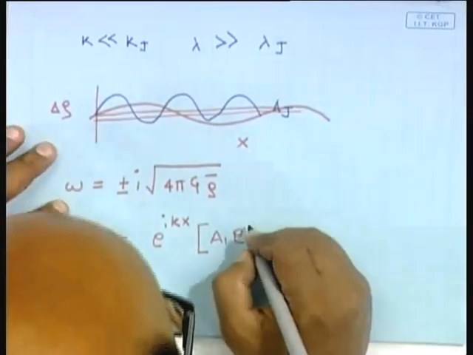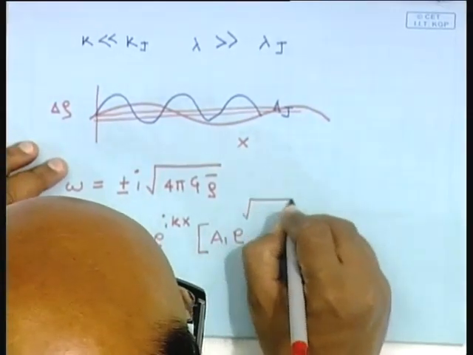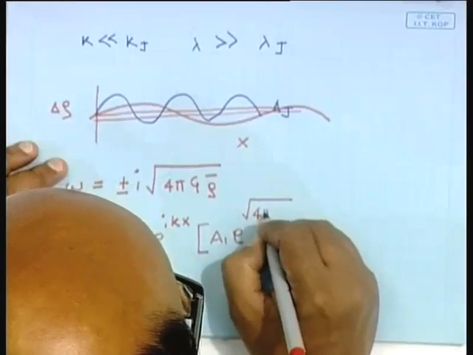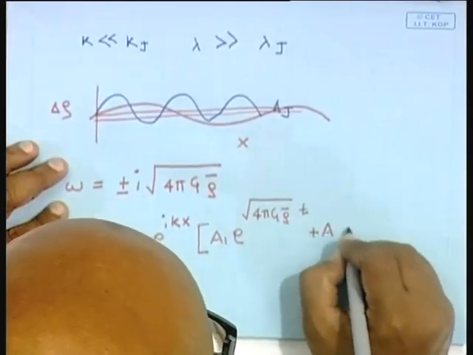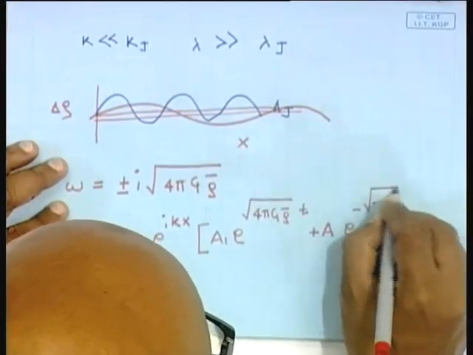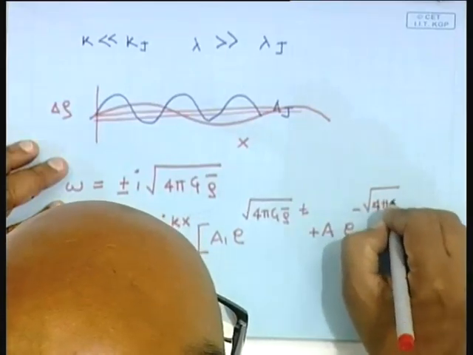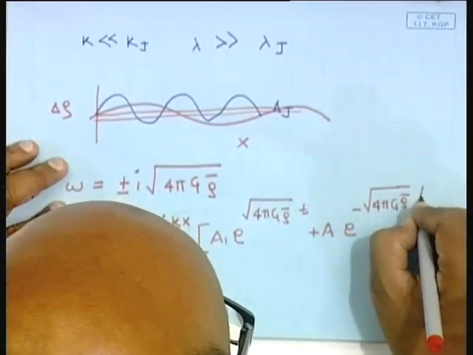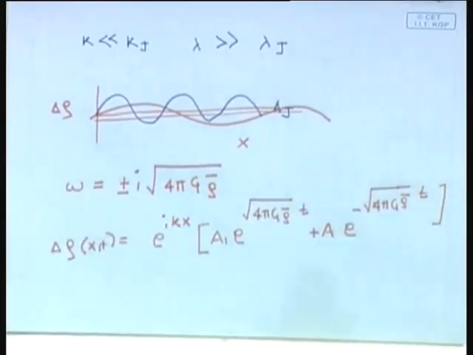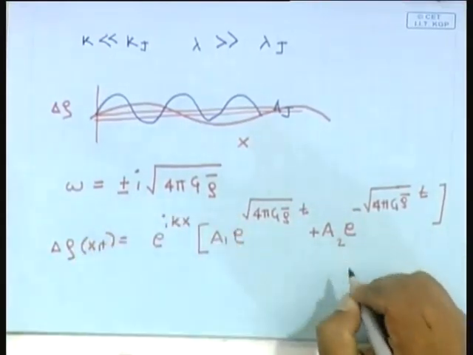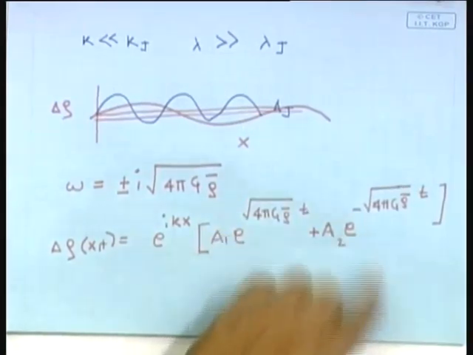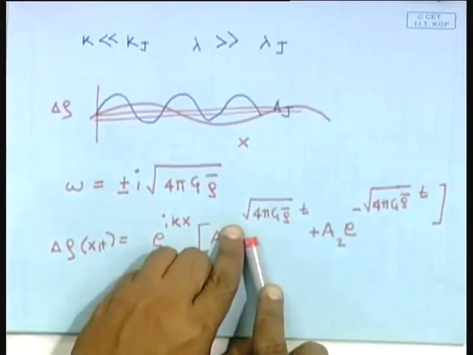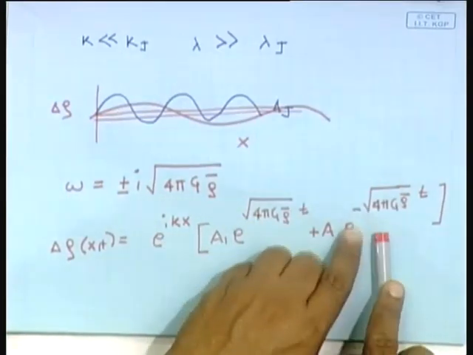So you have two possibilities. One is a1 e to the power square root of 4 pi G rho bar t, plus a2 e to the power minus square root of 4 pi G rho bar t. So now you see that you have two different solutions possible. Earlier also you had two different solutions possible, one was sine, other is cosine, we all know that. Here again you have two different solutions possible. One of them increases exponentially with time, the other one decreases exponentially with time.